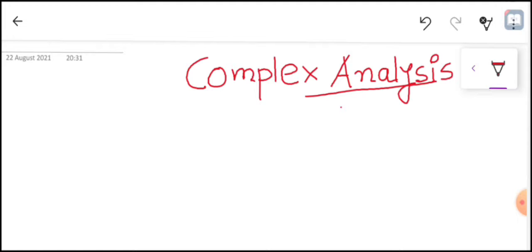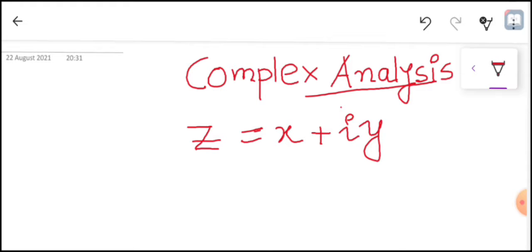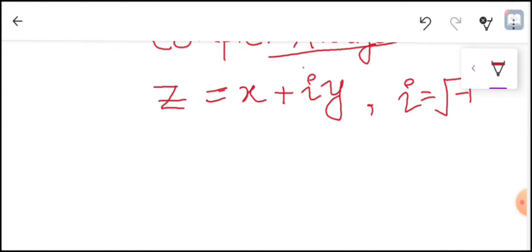The complex number is represented by the symbol Z, which consists of one real part, this is x, and one imaginary part, this is iota y. Here i is the iota, whose value is root over of -1. So in this way a complex number is represented.